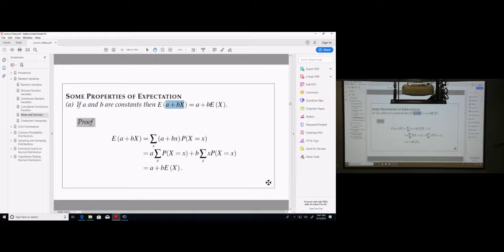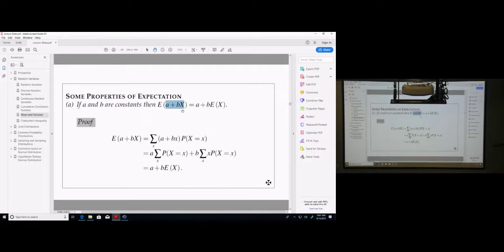I think you have grown up since young with the SI unit, so we always used Celsius as our temperature. But in other parts of the world, sometimes people use Fahrenheit. There is a way of changing Fahrenheit to Celsius and vice versa. So it is a linear combination.